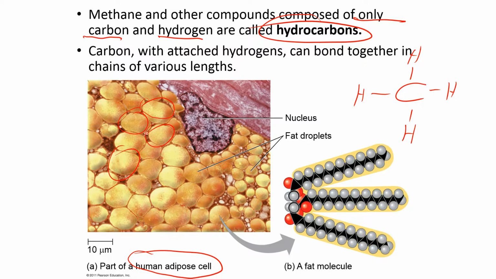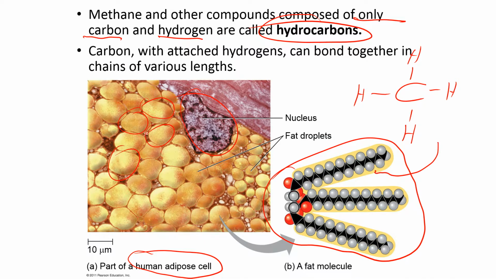You'll notice that this cell has a nice little nucleus, but it is jam-packed with fat droplets. There are many fat molecules in this droplet, so let's look at just a single molecule of fat.